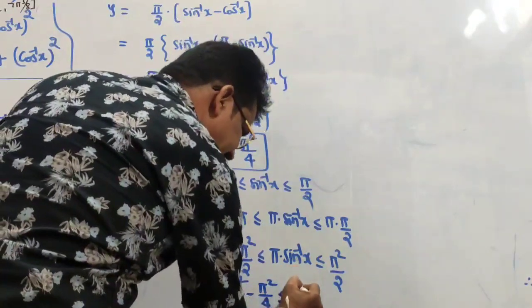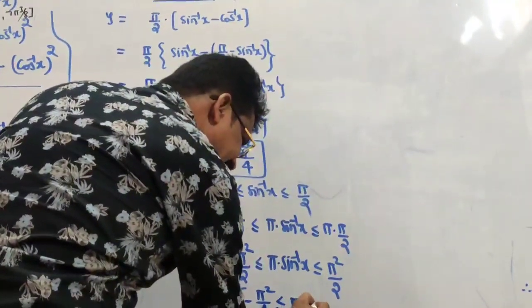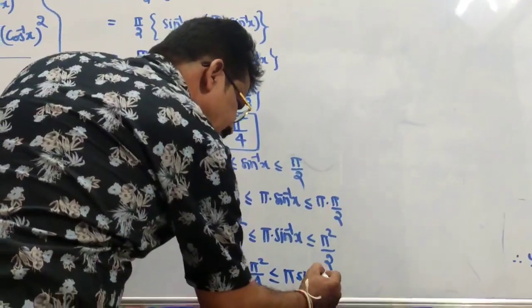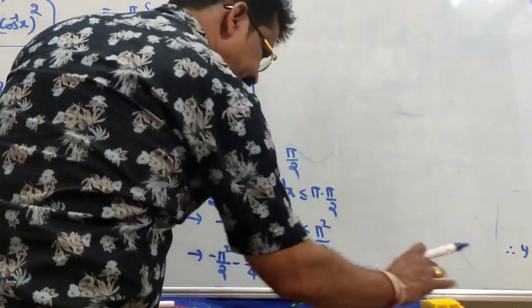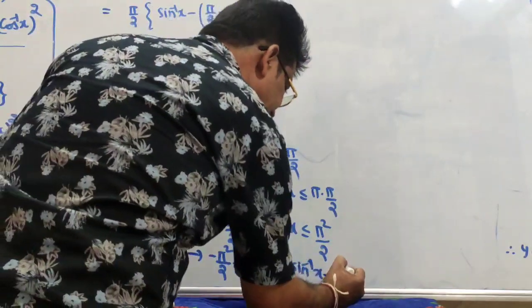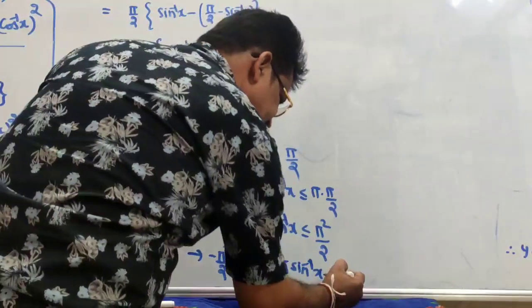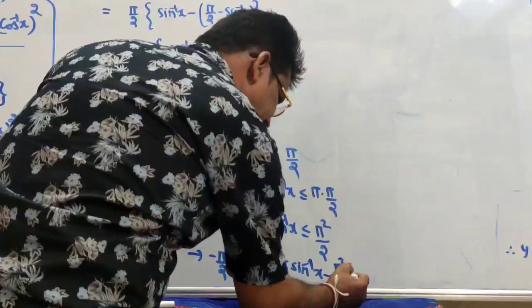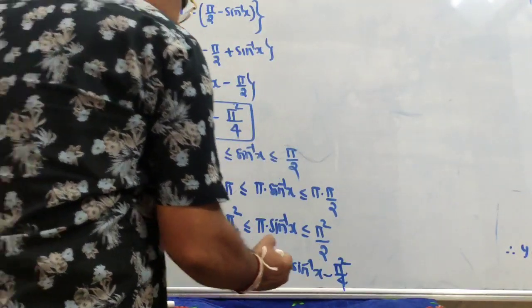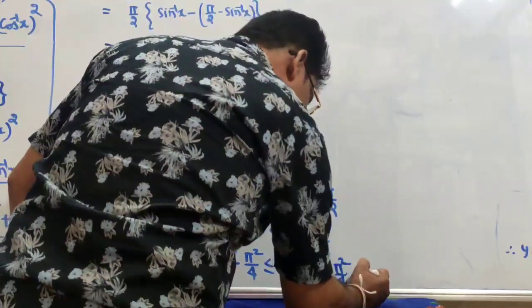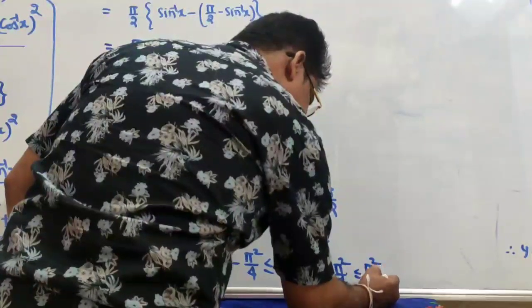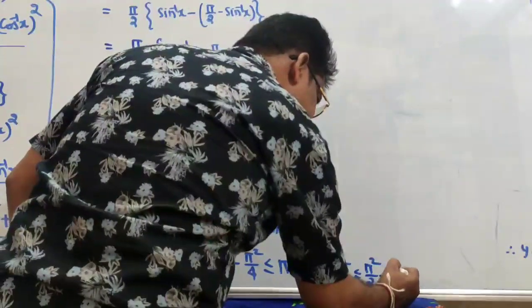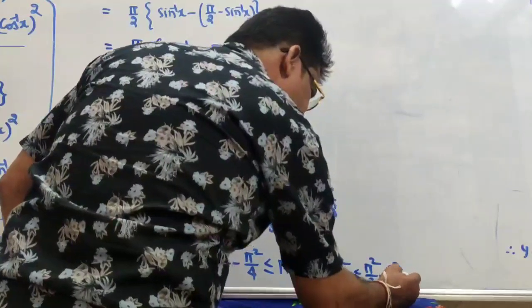It is minus pi square by 2 minus pi square by 4, less than or equal to pi sin inverse x minus pi square by 4, less than or equal to pi square by 2 minus pi square by 4.